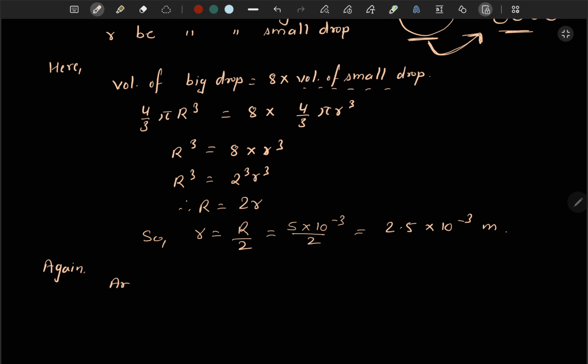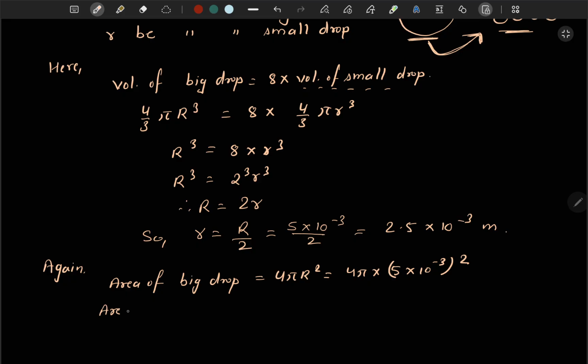Again, area of the big drop, surface area. So the drop is spherical, area is 4 pi r square, which is equal to 4 pi into 5 into 10 power minus 3 square.